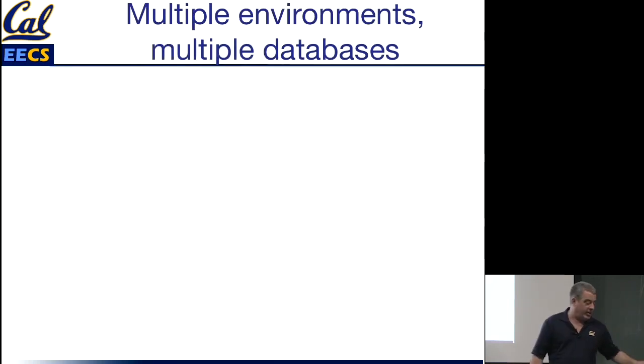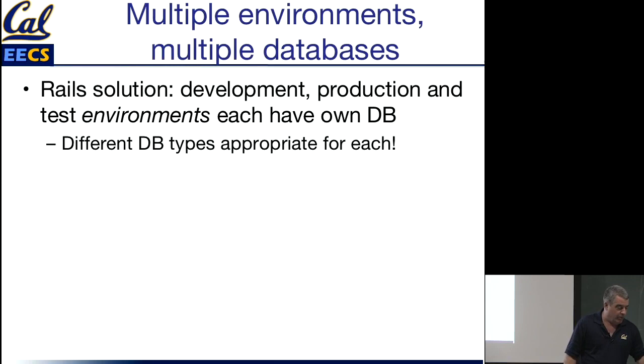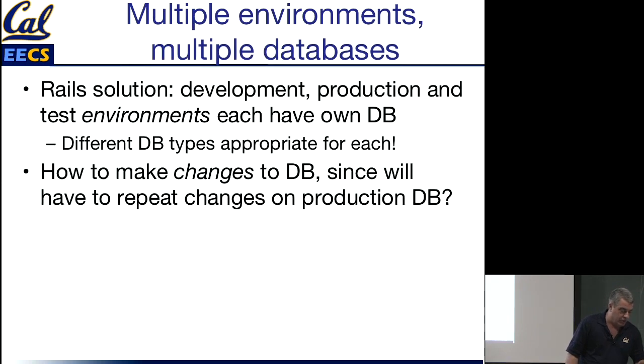And as far as keeping your customer data golden, Rails has what I think is a lovely solution, which is that the framework has a notion of 3 different environments. There's the production environment, which is what's actually running on a real server that people are using. There's the development environment, which is each individual member of the team. This is what is deployed on their computer when they're writing new code.